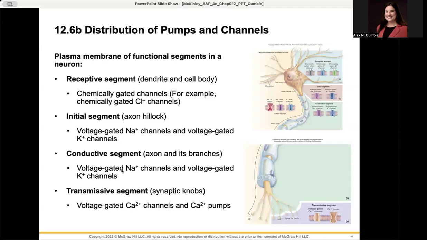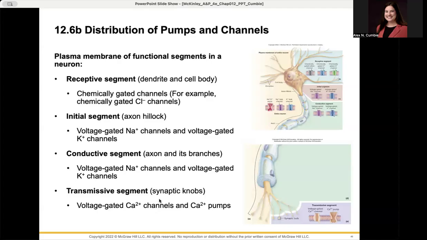The conductive segment also contains the same channels, voltage-gated sodium and potassium channels. Again, whatever net potential we have can cause an action potential or inhibit an action potential. And this depends on what the chemically gated channels are receiving, whether they're receiving excitatory or inhibitory neurotransmitters.